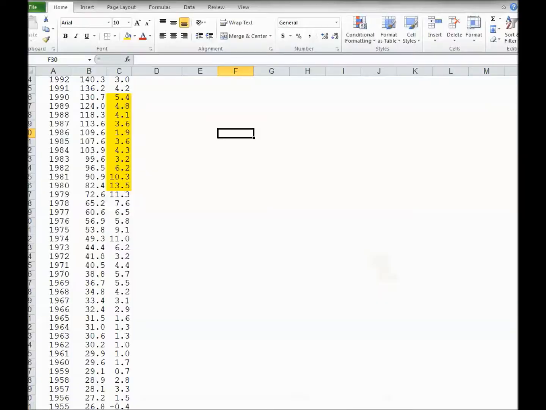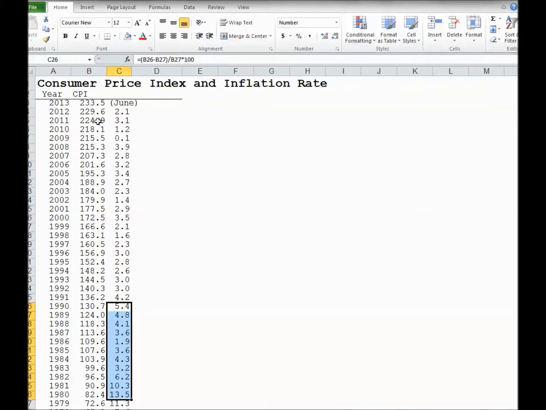And here's how you do that. You take the Consumer Price Index in the year 2013, and the whole year is not over yet, so what we have is the CPI up to June of 2013. So let's start over.